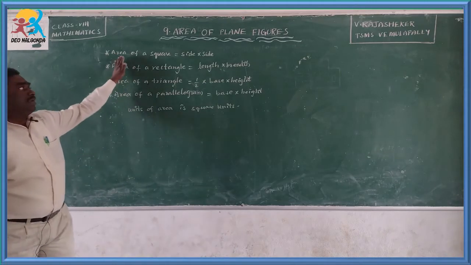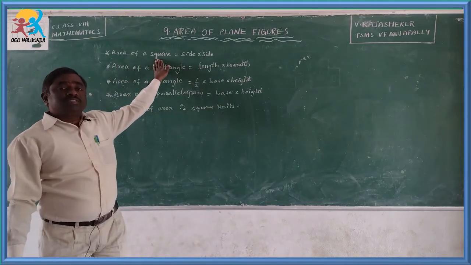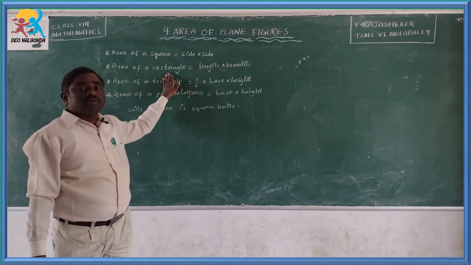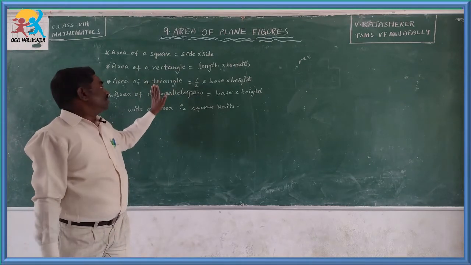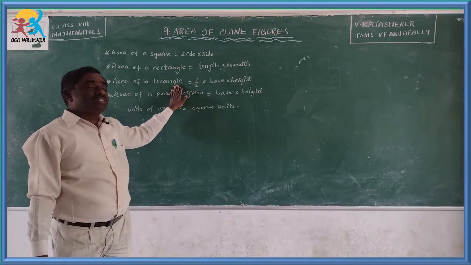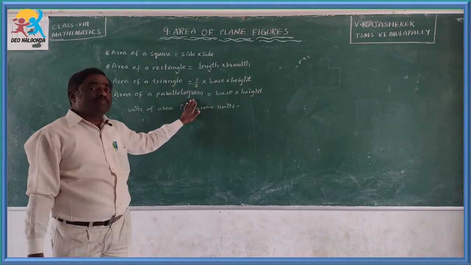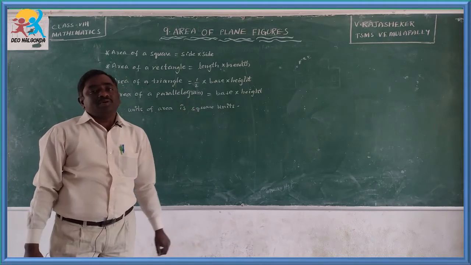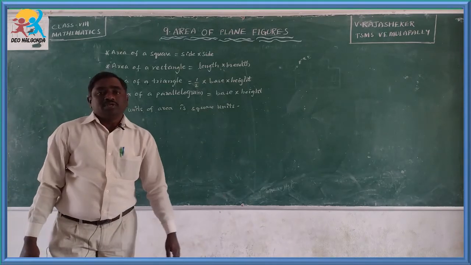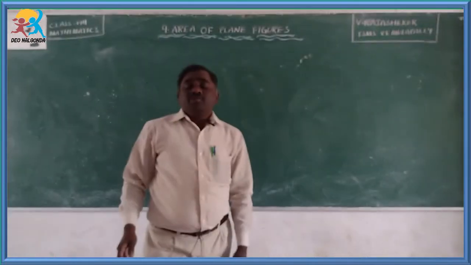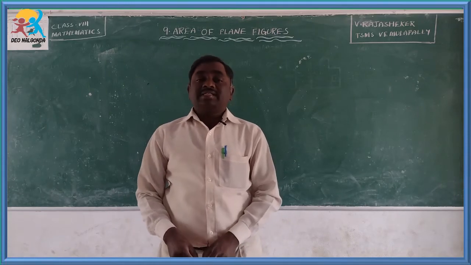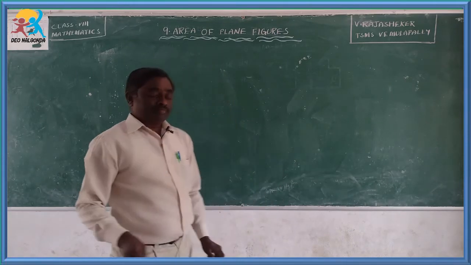So once again, area of a square, side into side square units; area of a rectangle, length into breadth square units; area of a triangle, half into base into height; area of a parallelogram, base into height. Here, for units we always use square units. Now in our present class, let us learn about the area of a trapezium.